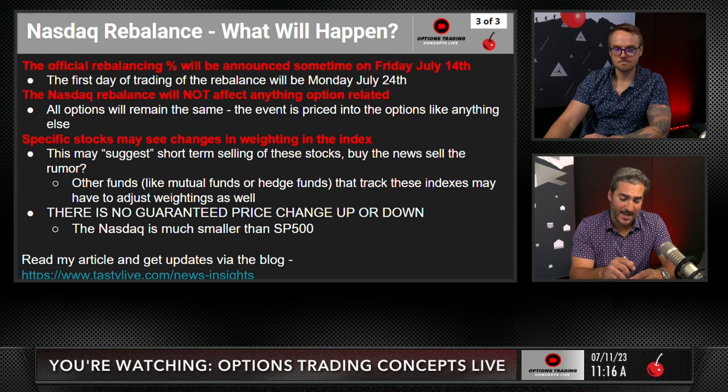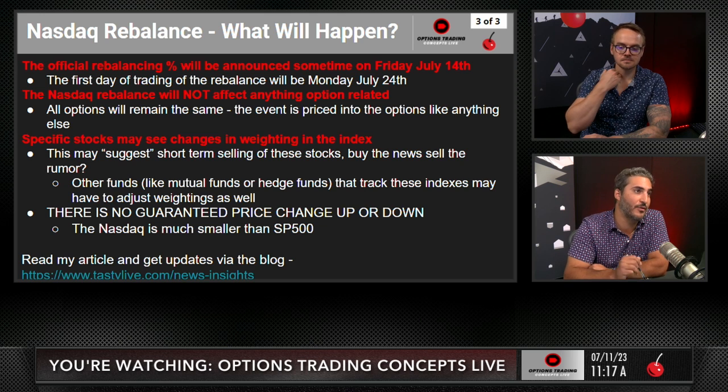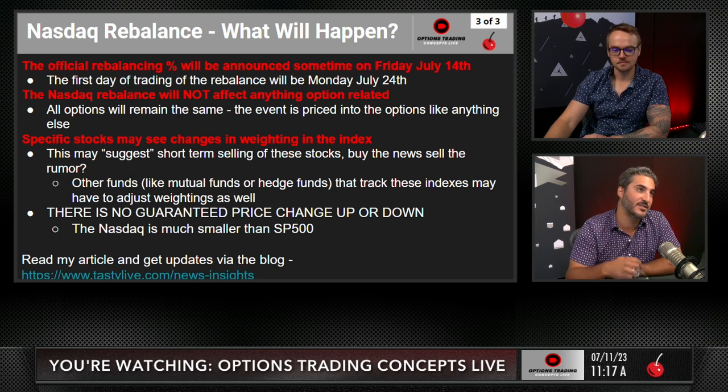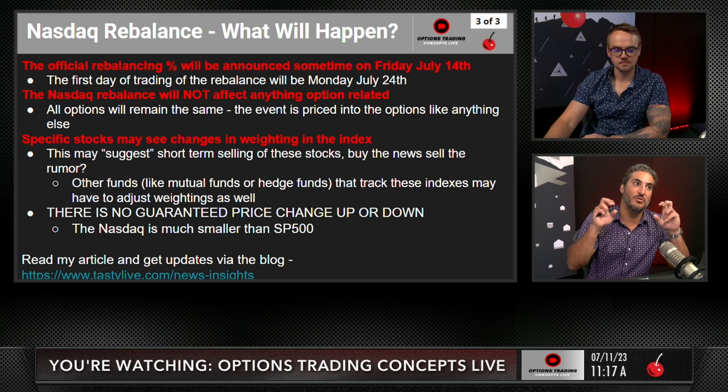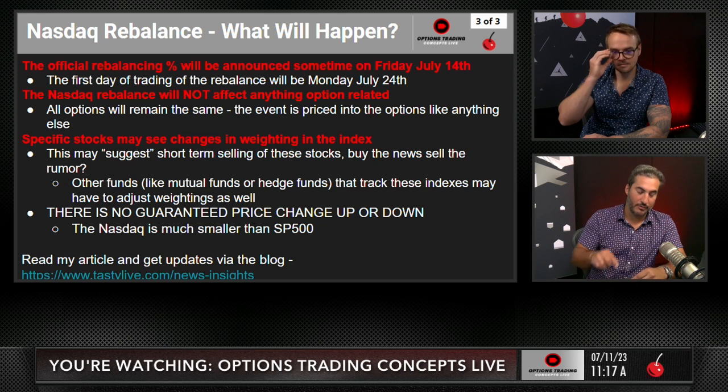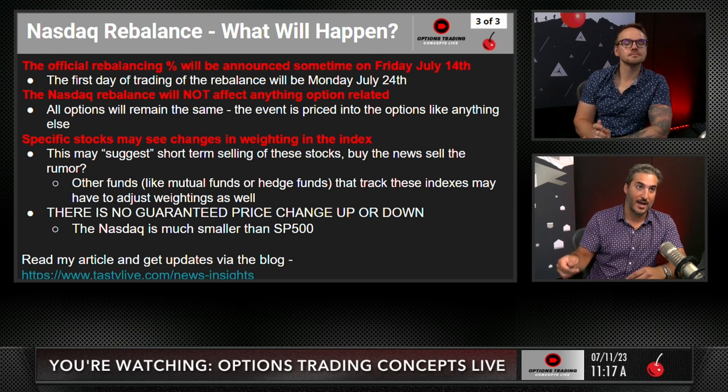So we'll get that information on Friday, July 14th, which is this coming Friday. That information may not come out right before the open. It might be after the close. It's going to be sometime on Friday, so we'll be trading on that new news on Monday, on the following Monday, and through that week, which is the last week until it is fully rebalanced for first trade on July 24th.